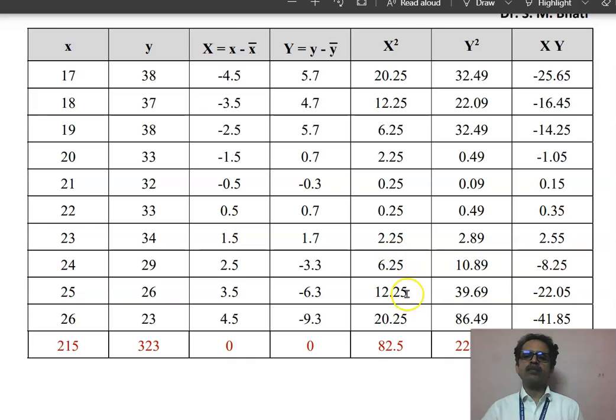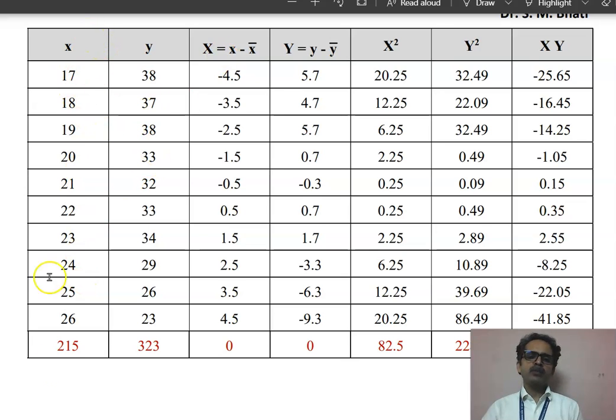Then the next column is the x square column, that is capital X square. This column is for capital Y, this column is for capital Y square, and this column is for capital X into capital Y. Don't confuse small x and capital X here.